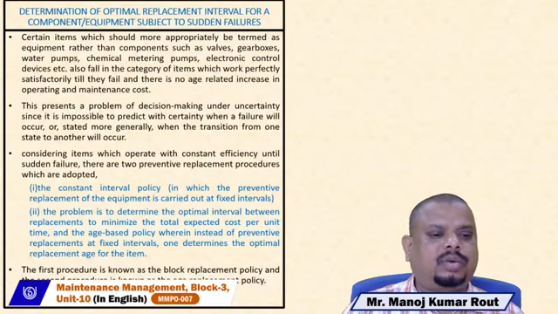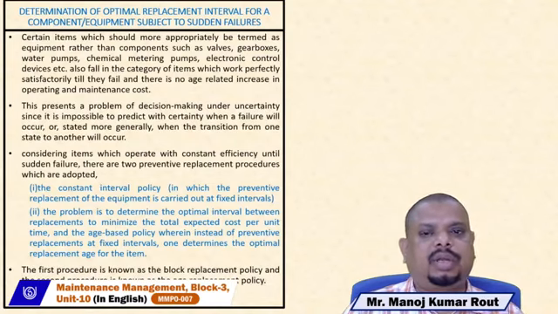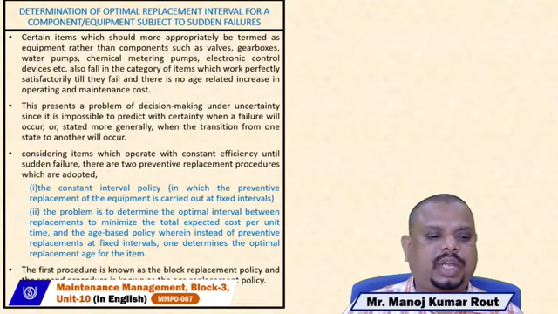The second is to determine the optimal interval between replacements to minimize the total expected cost per unit time, and the age policies, where instead of preventive replacement at a fixed interval, one determines the optimal replacement age of the items.